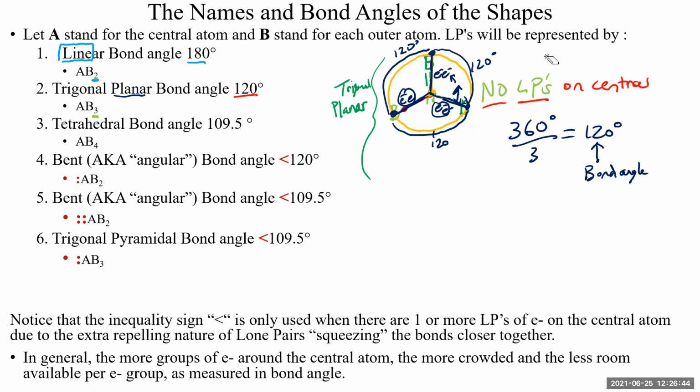You'll see that you cannot place 3 different atoms around a central atom in any way where they will be greater than 120 degrees separated from one another. To move them in any other way just brings them closer to another pair of electrons. Okay.